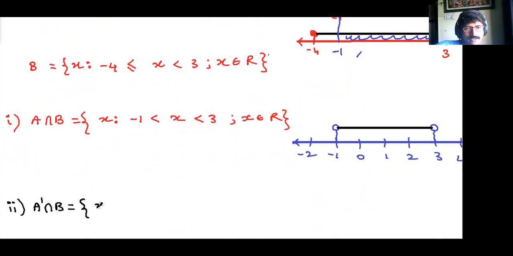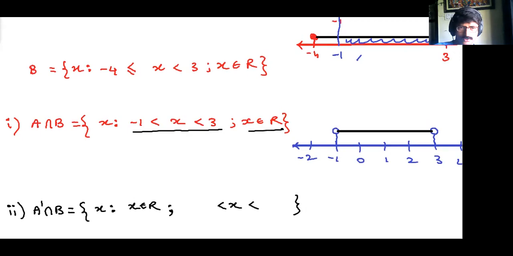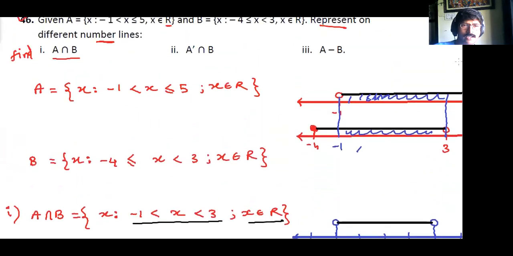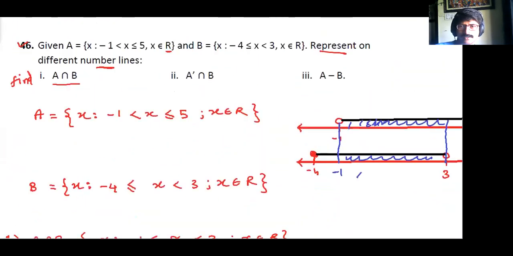That is going to be X such that X belongs to the real numbers. You can write this first or second, it does not make a difference. And where this X belongs, we'll have to think about it. So hold on. What will be A complement, guys? A complement, okay, I'll just extend this window.